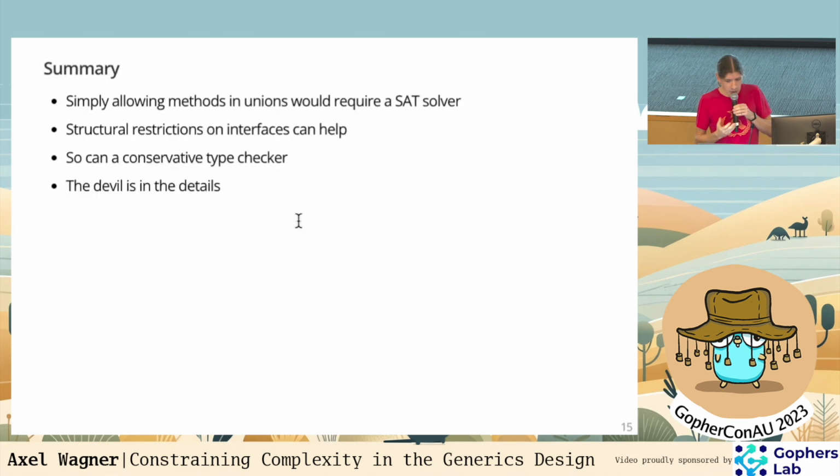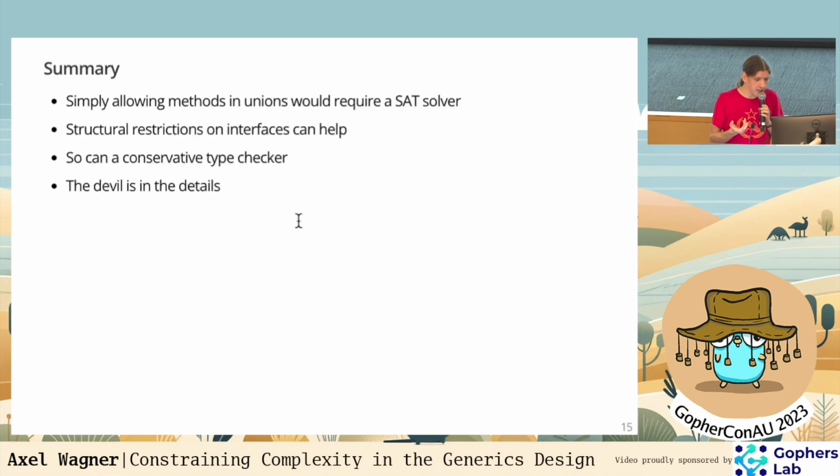And so now I hope, apparently I spoke very fast, I hope I convinced you first that if you just think, why is this not allowed? Just allow it, it can't be that hard. That would at least require us to put a SAT solver into the Go compiler, at the very least.